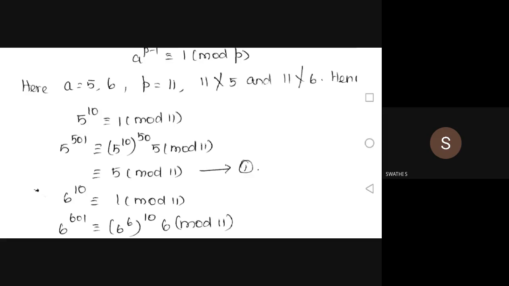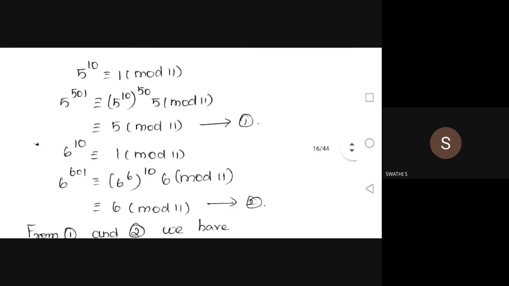So we can write 6 power 100 whole power 6 into 6 power 1. So 6 power 100 means 6 power 10 the whole square, and 6 power 10 is congruent to 1. So 1 square the whole power 6, that is 1, into 6 power 1, which is 6. So 6 power 601 is congruent to 6 under mod 11.